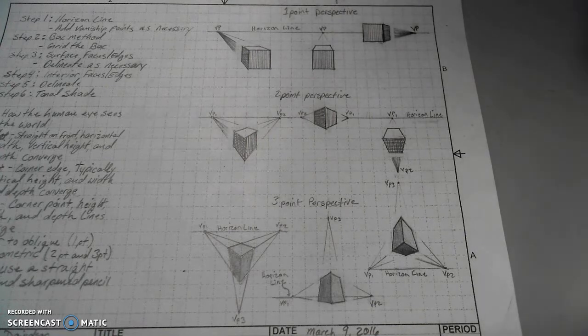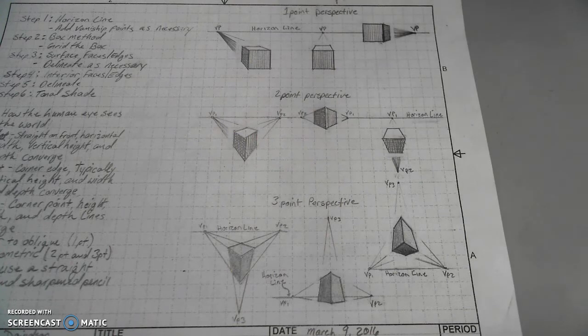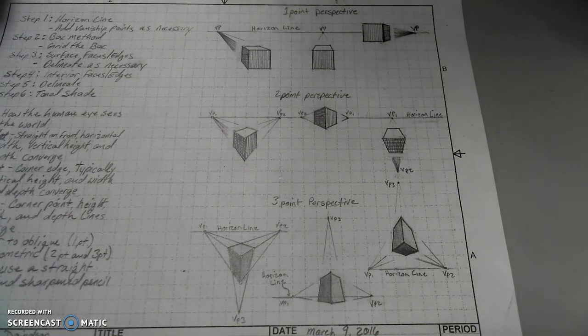This is the idea behind perspectives. It's how the human eye sees the world, and as I look, say, down a long hallway, lines will seemingly converge together. They will start to appear smaller in the distance when they outline a particular feature.